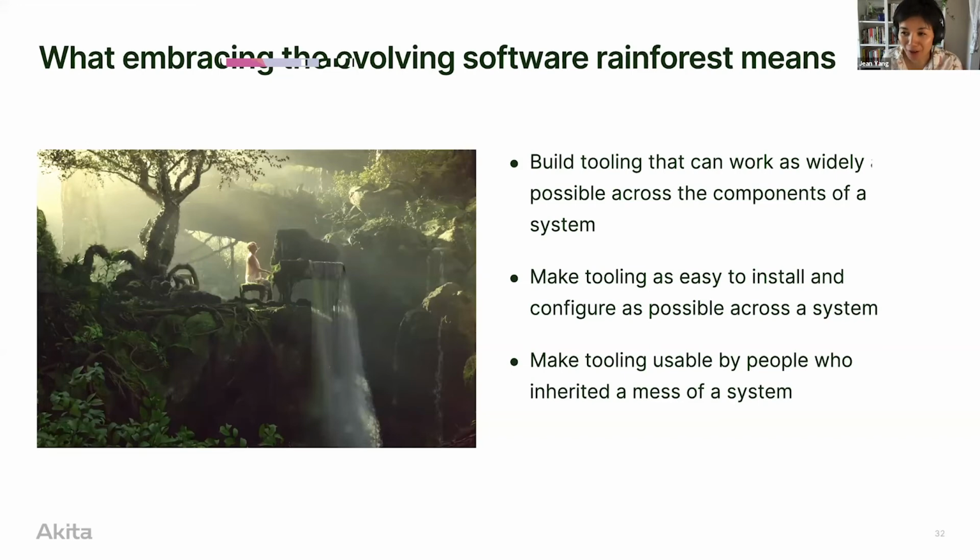I see a lot of up and coming observability tools being like, all right, we'll give you Kubernetes, we'll give you a piece. And I think everyone needs to start somewhere, but the ultimate solution is going to be working across the whole thing. Something else that was really important was making tooling as easy to install and configure as possible across the system, because a lot of tools assume that you're installing this as you're writing up a system.